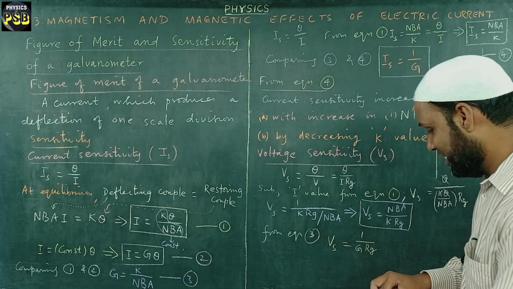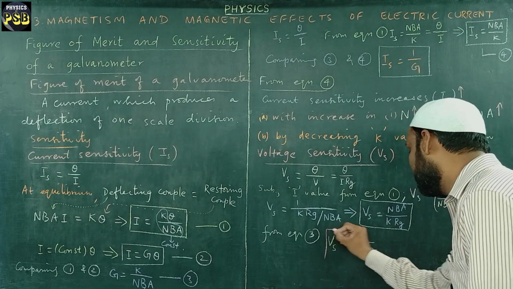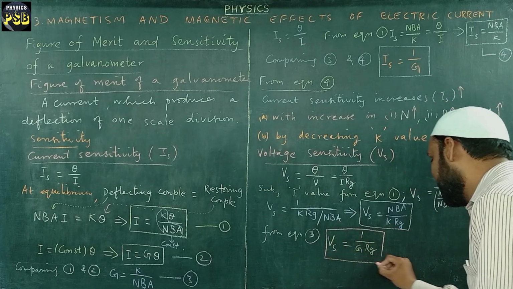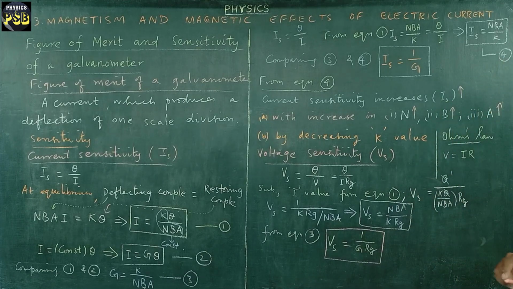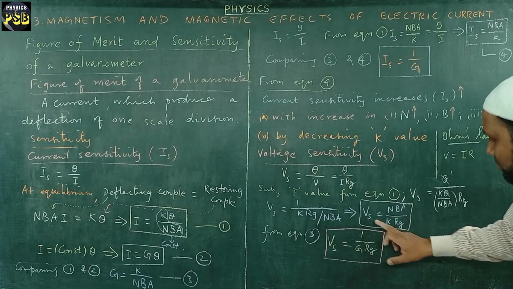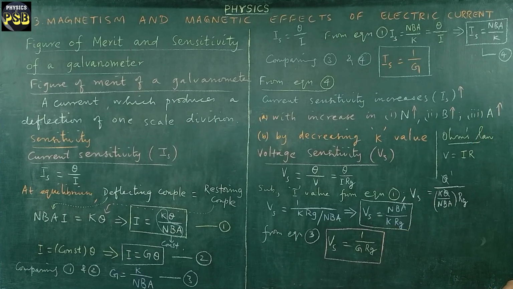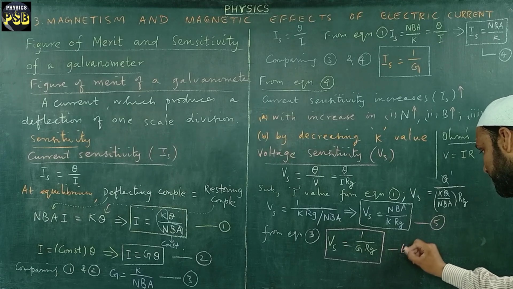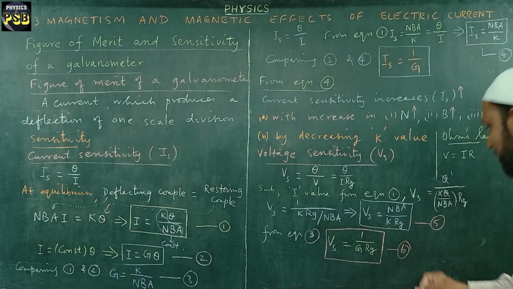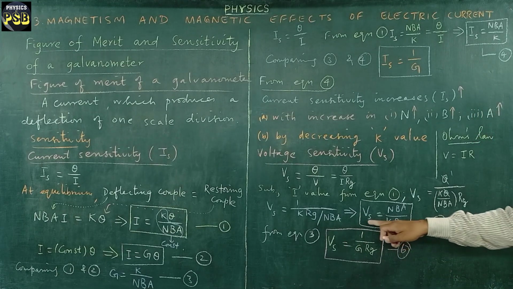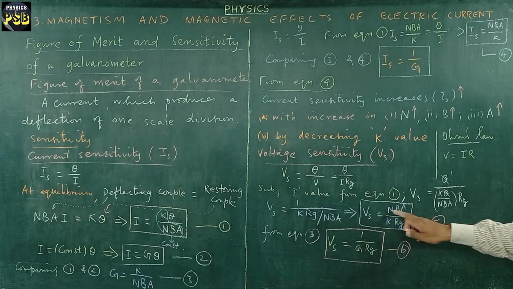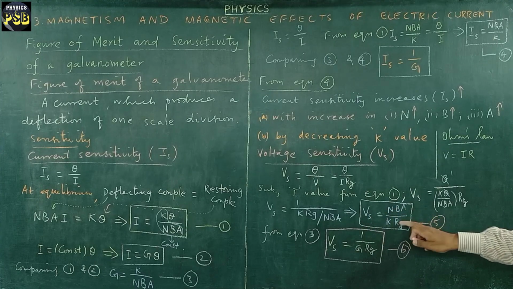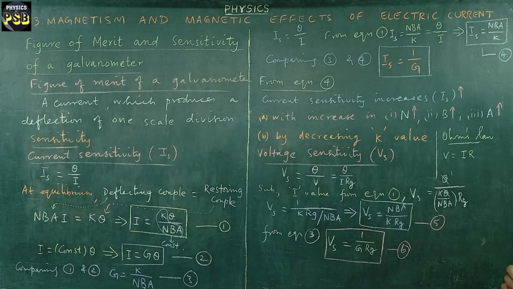Now, for better visibility, I box this. I name this one as equation number 5, and this is equation number 6. From equation number 5, it is clear that the voltage sensitivity depends on N, B, A, K and Rg.